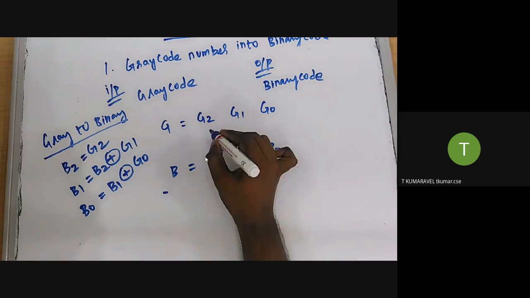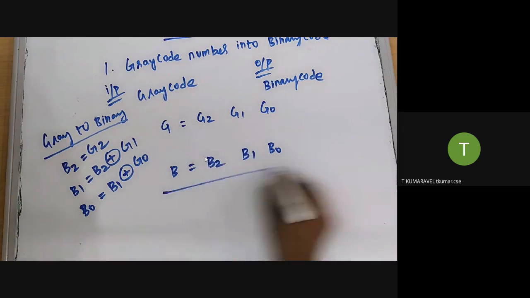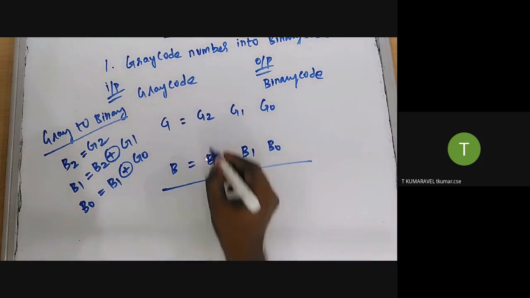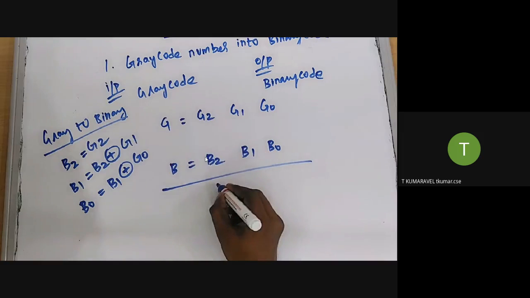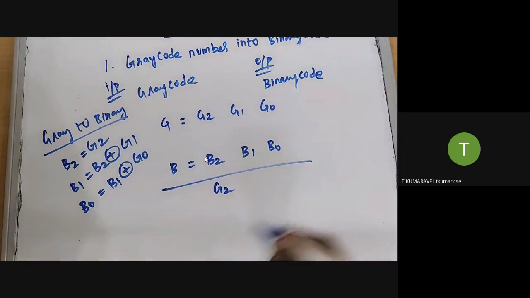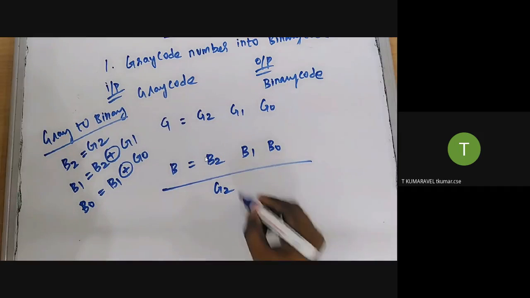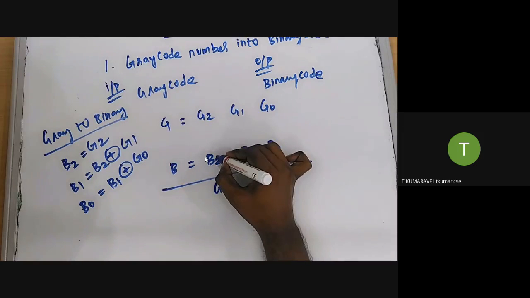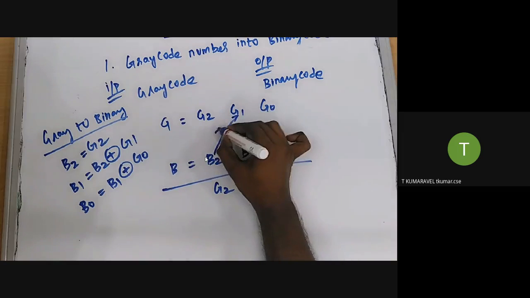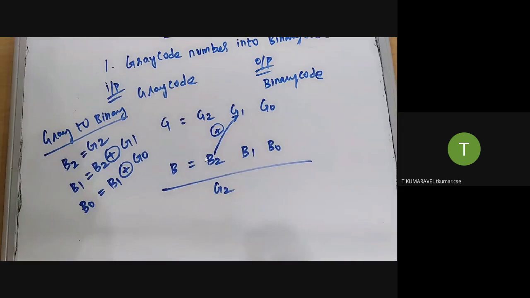How do you do that? The value of G2 is the value of B2. Next, how do you find the B1 value? You take the resultant B2 along with G1, and the operation you carry out is exclusive OR.